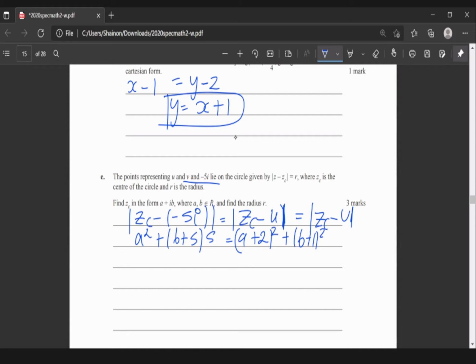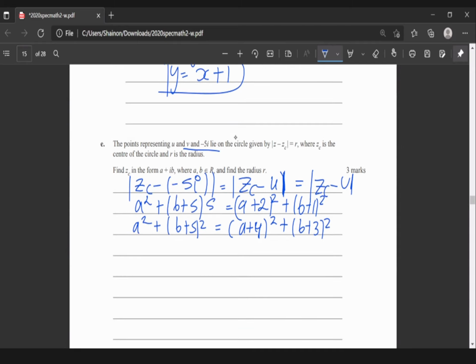And we know that they're going to be in the same point because they have the same r value. So we know that it's going to be u and v. They're going to lie on the points of the circle. Then we just use CAS to simultaneously solve for a.